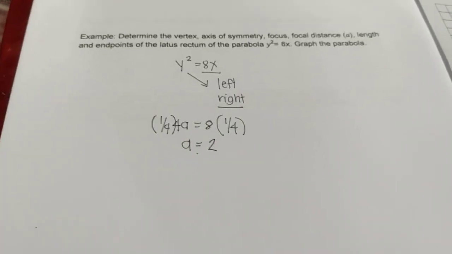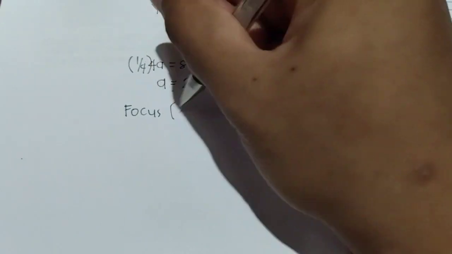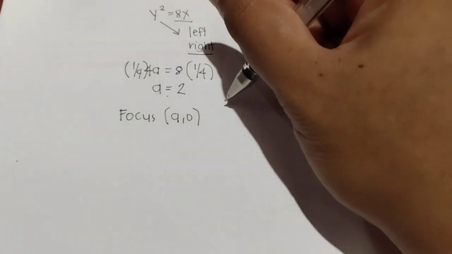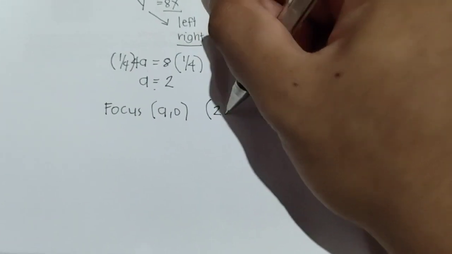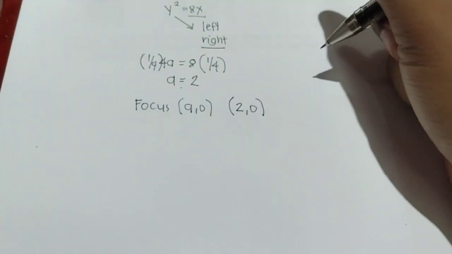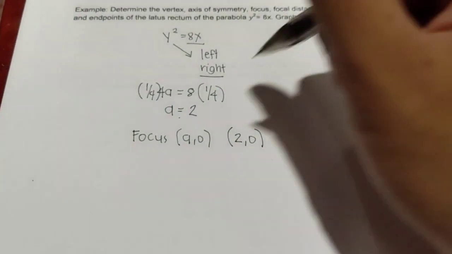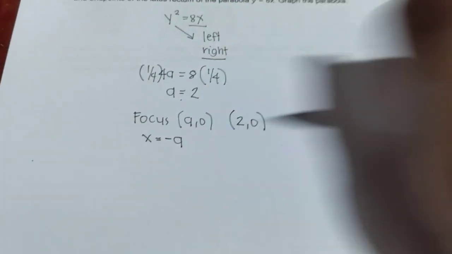We know that if the parabola opens to the right, the focus is (a, 0). So therefore, the focus of this parabola is (2, 0). The directrix of a parabola that opens to the right is x equals negative a.